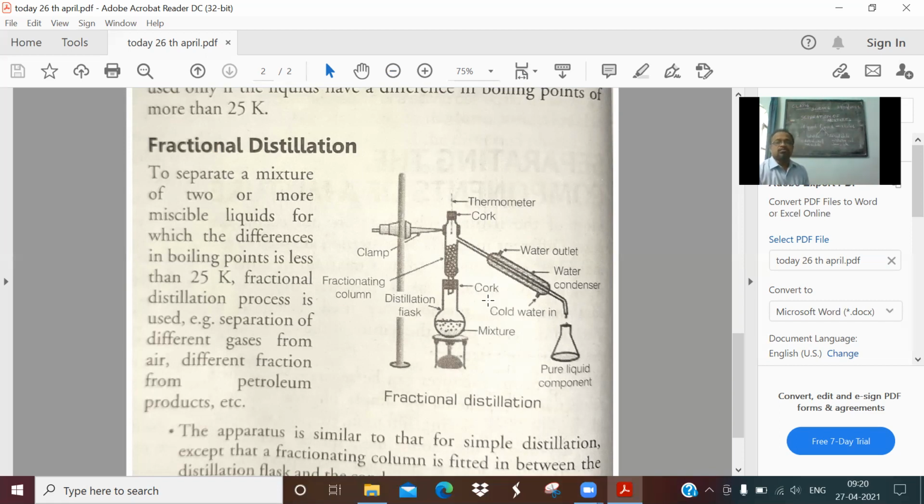Now, separation of gases from air, different fractions of petroleum products, etc. You know that air contains nitrogen, oxygen, carbon dioxide, etc. Majorly nitrogen and oxygen. In a commercial manner, air components, nitrogen and oxygen, can be separated by fractional distillation.